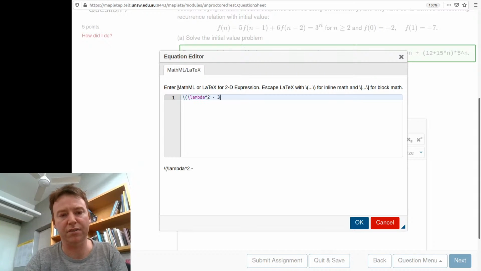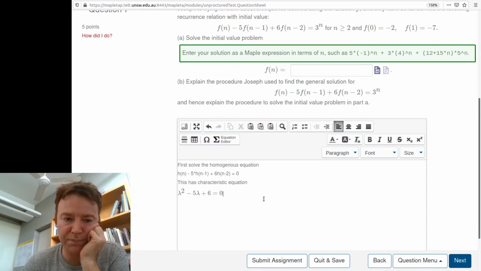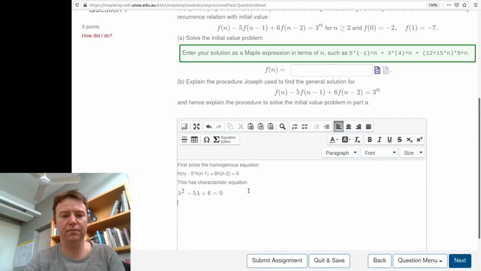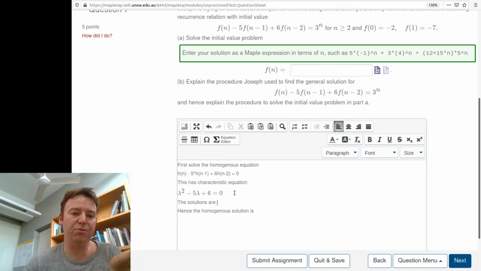So lambda squared minus 5 lambda plus 6 equals 0. Is it minus 5? Yep. Hence the homogeneous solution. So lambda is 2 or 3.